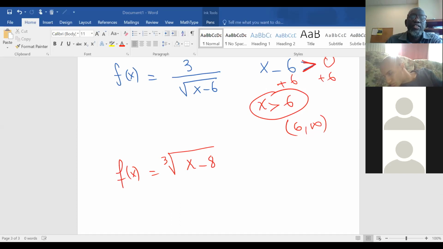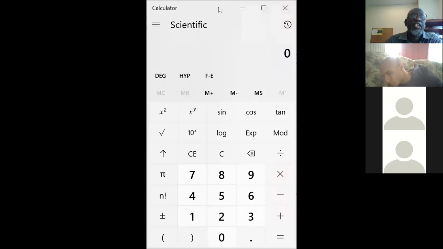Let me see if you guys can see my calculator. Okay, you can see my calculator, right?